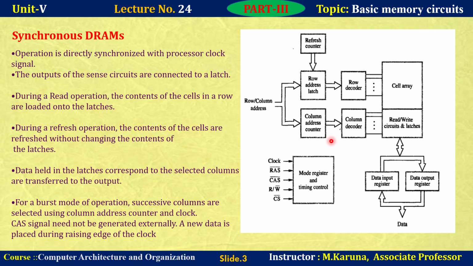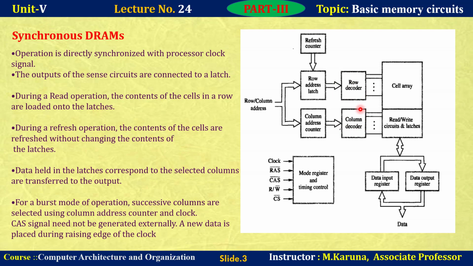Let us see. Already we know the structure of the memory. In the previous video we have discussed this. So this is the memory, which contains cells. Those cells are arranged in the form of rows and columns. This is the row address latch, and this is the column address counter. This is the row decoder.